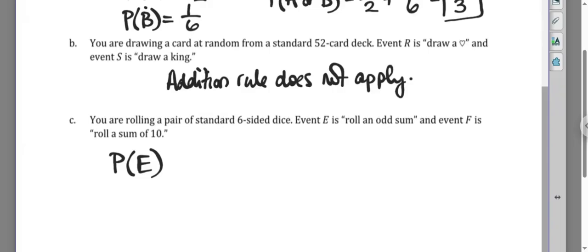Well, those would be mutually exclusive because 10 is an even. So it's not included in the first. It can't be odd and 10 at the same time. So half of them, 18 out of the 36, are odd.